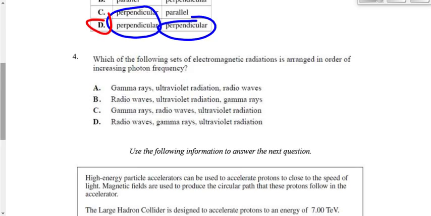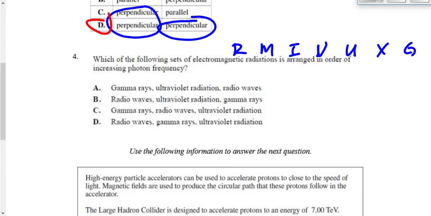4, which of the following sets of EMR is arranged in order of increasing photon frequency? Okay, we memorized the order of them, right, in terms of increasing frequency. We had, what was the first one? Radio waves. Microwaves, infrared radiation, visible light, ultraviolet, X-rays, gamma rays.